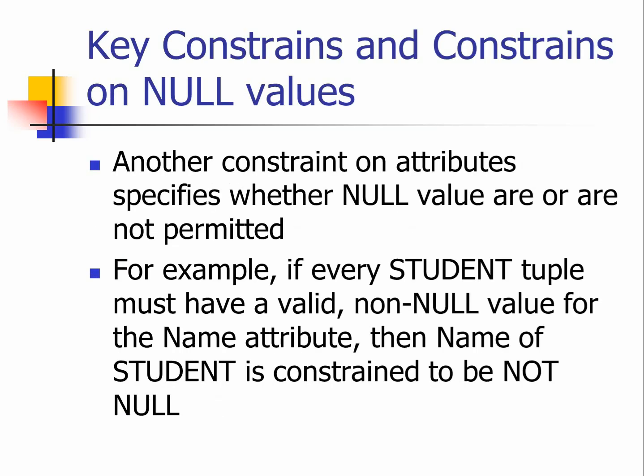Another constraint on attributes specifies whether null values are permitted or not. If you are defining a primary key, the attributes cannot be null already. At the same time, you can still say, for example, that student name cannot be null. Those are the things that we see when we try to apply for a credit card on the internet.